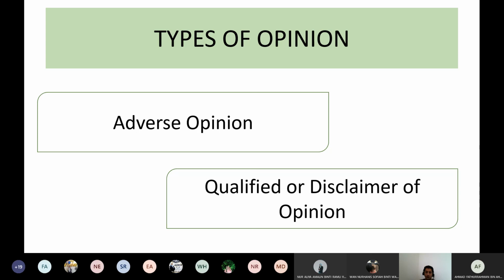A disclaimer of opinion is for the case where the auditor cannot conduct some internal control testing due to avoidance or restriction by the client company.